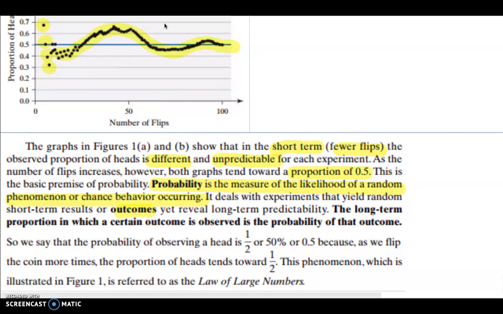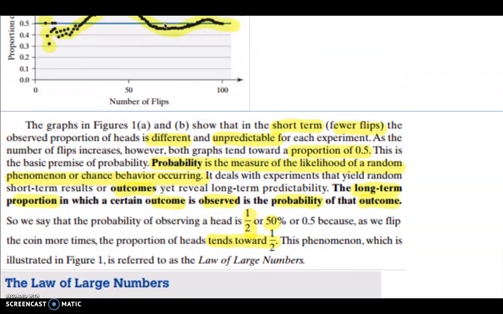So the long-term proportion in which a certain outcome is observed is the probability of that outcome. As we flip this coin, the long-term observation gets closer and closer to 0.5 or 50%. So the probability of getting a head is 1/2, or about 50%, because the more times you flip it, the more it tends towards 1/2.